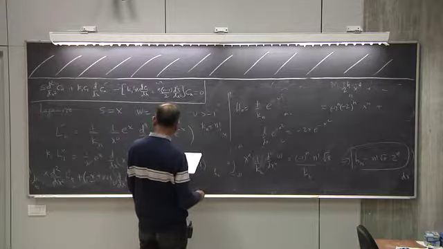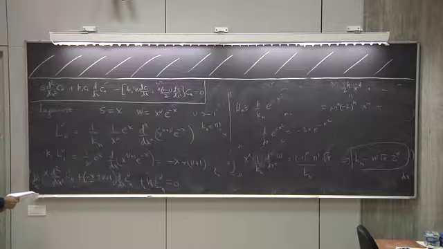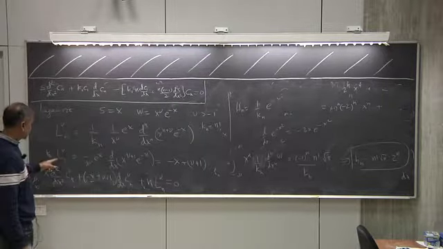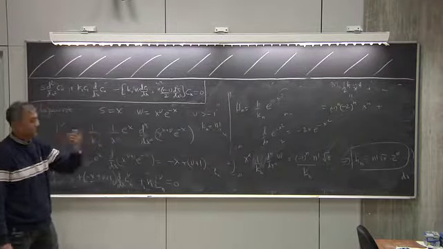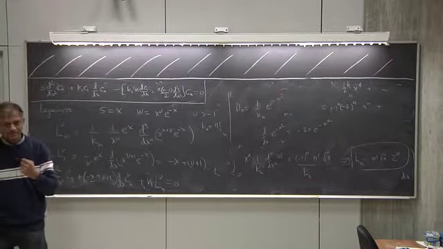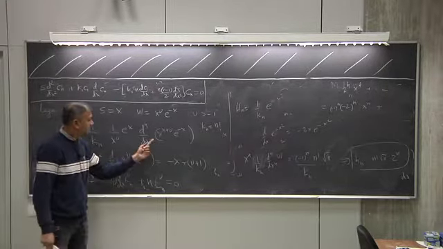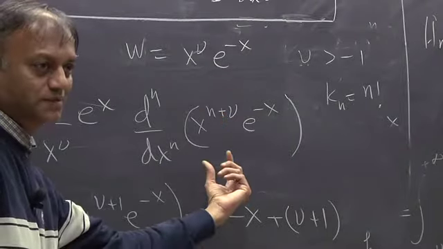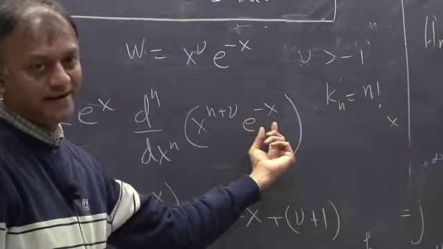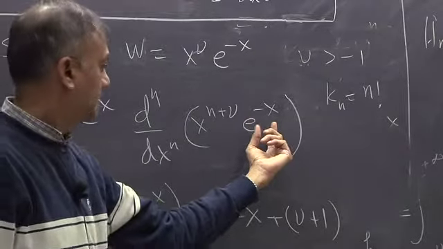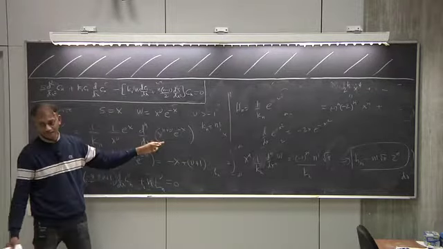So in this case, once again, if you take the ln, and suppose I want to pick up the x to the n term here, to compute the small kn. Whenever the derivative hits here, it's going to reduce the power, right? So the way to get the highest power is when all the derivatives hit there. In that case, this power remains the same, x to the nu cancels, and you get x to the n.